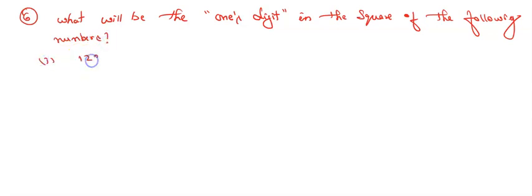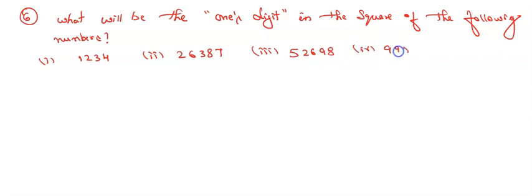Option 1, 1234. Option 2, 26387. Option 3, 52698. Option 4, 99880. Option 5, 2122. Option 6, 9106.